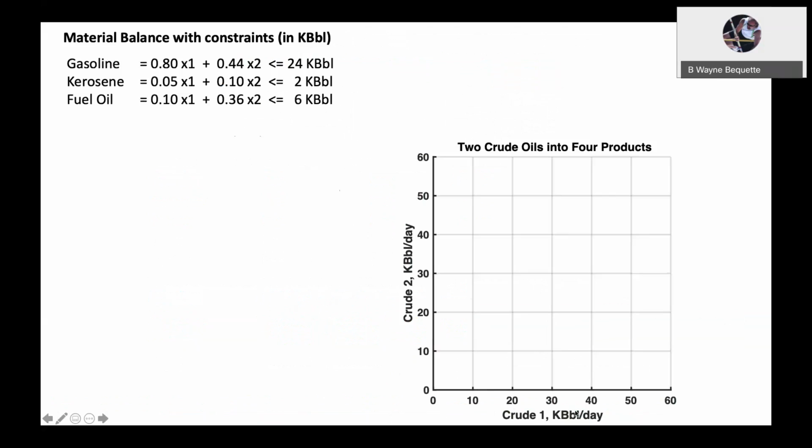I have the X1 axis, the crude oil 1 in terms of thousands of barrels per day. The y-axis or X2 axis for crude oil 2, again in thousands of barrels per day. We want to represent each of these material balances with constraints as a line on this plot.